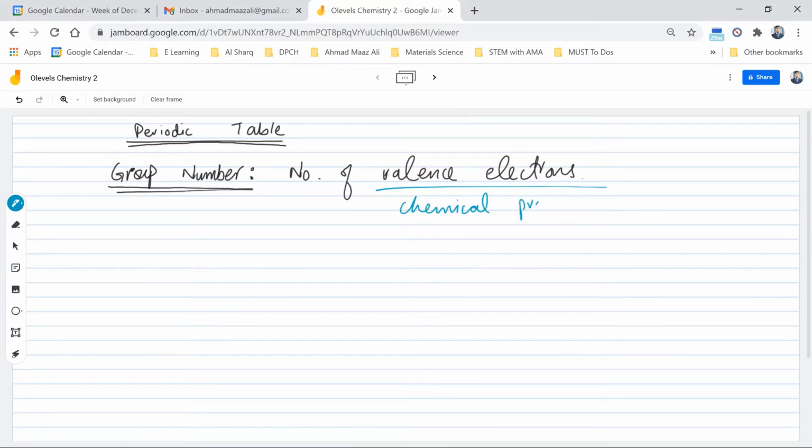of any element, right? For example, sodium has one valence electron, it is in group 1. All right, so what does it mean? How will it complete its valence shell? By giving away one electron. Exactly.